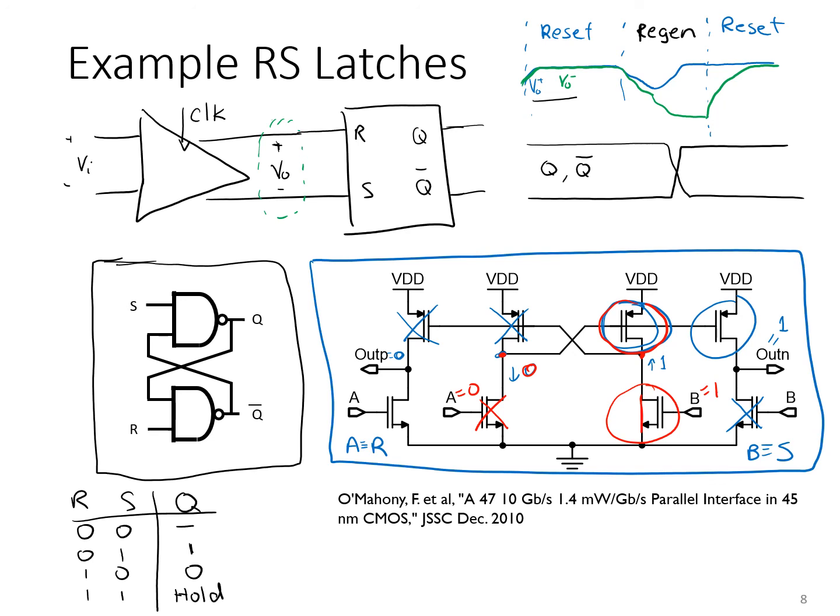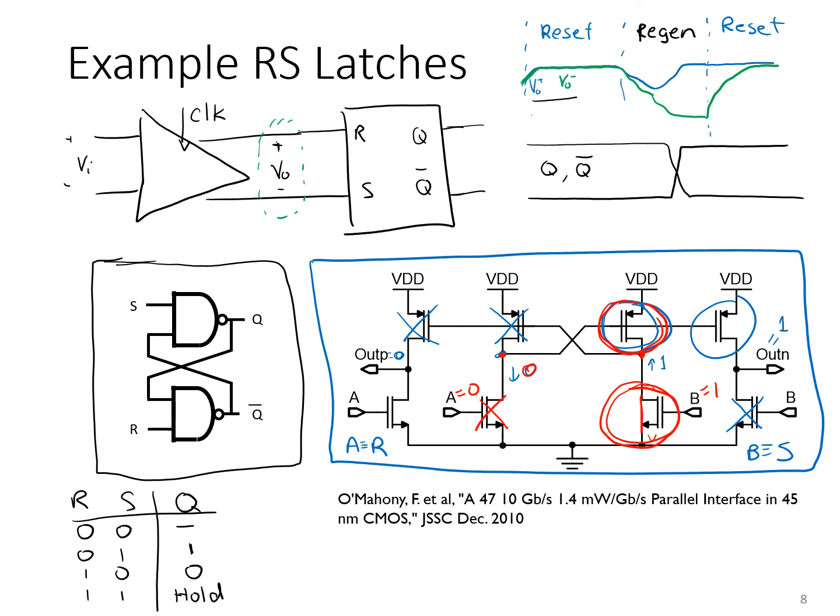So clearly, this transistor has to be strong enough, that is, its W over L ratio has to be large enough to overpower the pull-up PMOS transistor. And during this brief interval when both transistors are on, there'll be a direct flow of current from VDD down to ground that can increase power consumption.